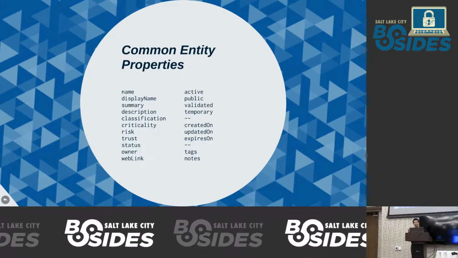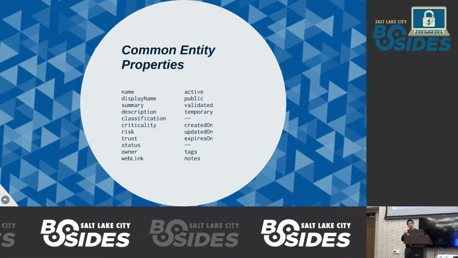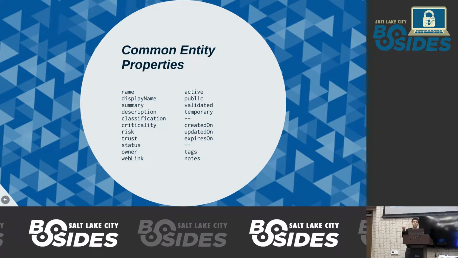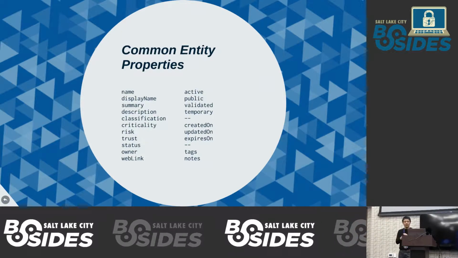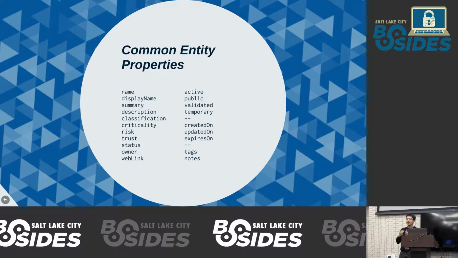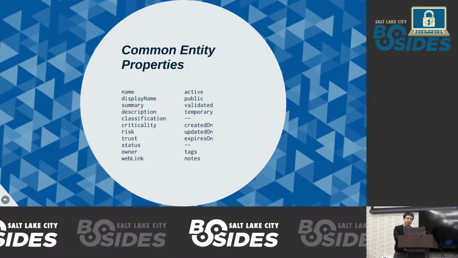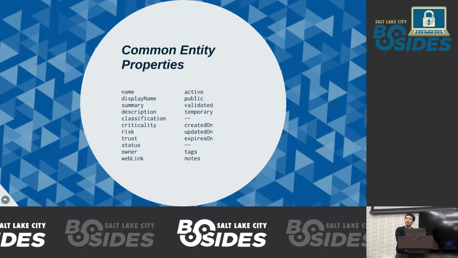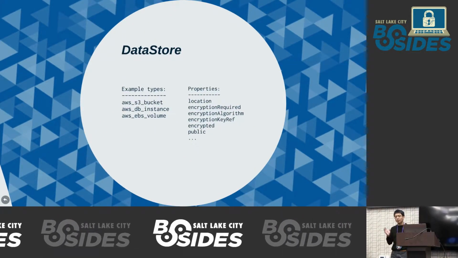And there are a set of other properties that represent the status, whether it's active, if it's publicly accessible, if the resource has been validated, if it's temporary, a set of timestamps, and a set of tags and nodes associated with all of those entities. Now then, specific entities would also have their own specific properties. I'll give you a couple examples. I won't go through all of them.